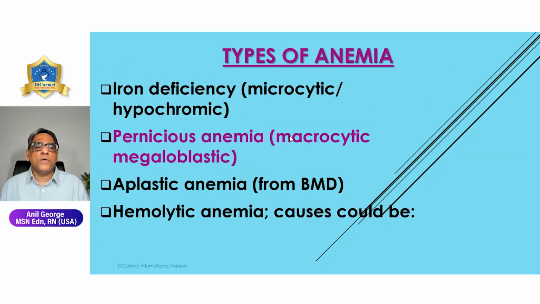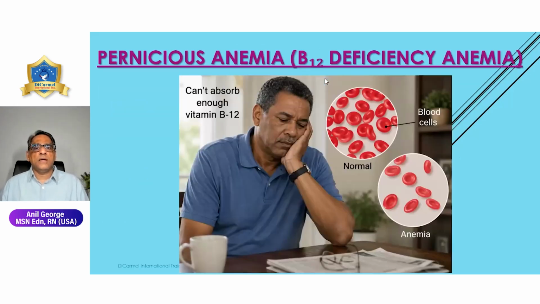Now we are ready to go into the next type of anemia, which is pernicious, or the macrocytic, or the megaloblastic anemia. So let's go to the details on that, which is again a very precious topic. Yeah, so that's pernicious or the B12 deficiency, or the macrocytic or megaloblastic, called by different terms.